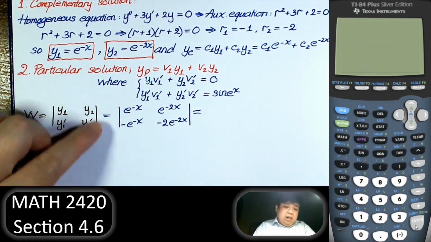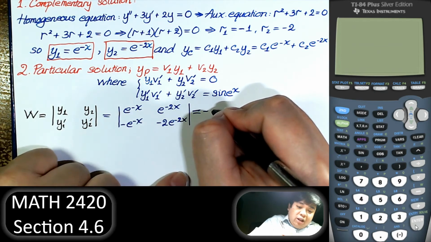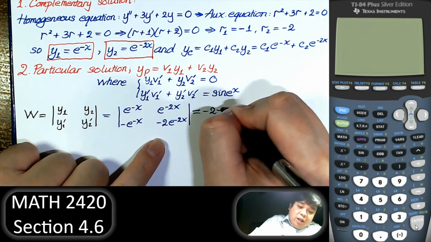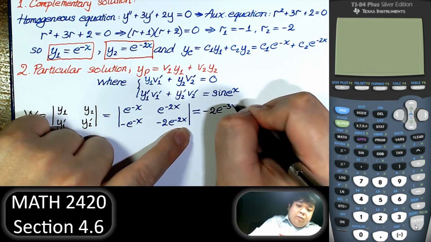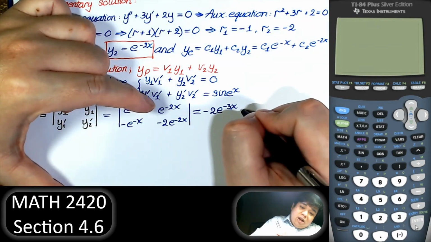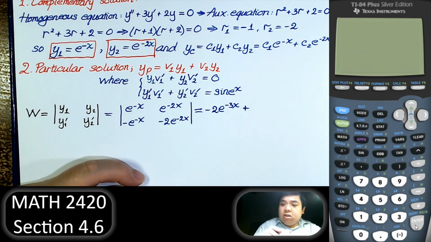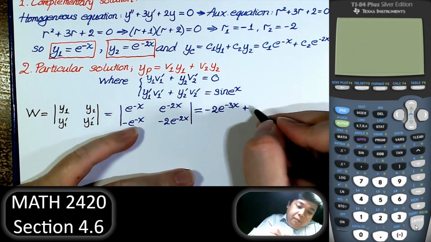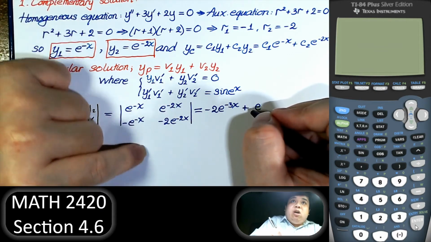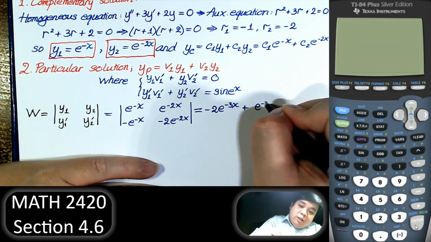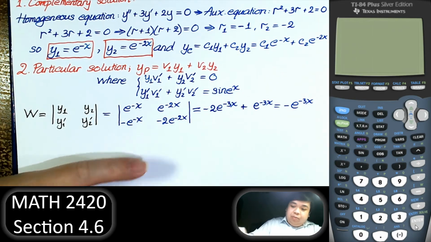A 2 by 2 determinant is easy: cross multiply and subtract. e to the negative 2x times negative e to the negative x is negative e to the negative 3x, combining the powers. Then the other direction, minus a negative, so that's a plus: negative 2 e to the negative 3x. Combine like terms: negative e to the negative 3x. That is the W.